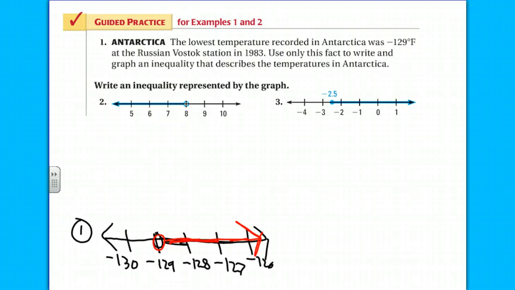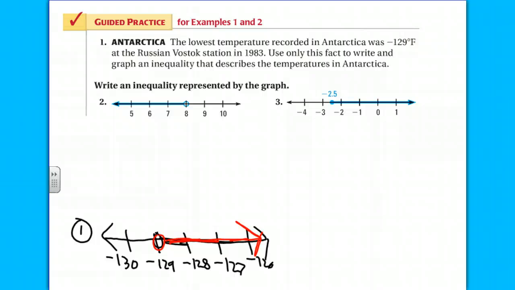We have a number line because the temperatures just go up or down, right? Or they stay the same. They only can move in a linear direction. So we graph this on a number line, and then he made a number line that zooms in, and you can see negative 129 degrees right there. And is that number line in standard form? Are the numbers on the right greater than the numbers on the left?